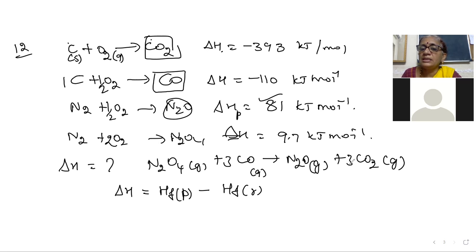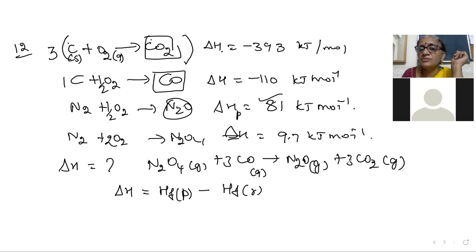But the problem here is that in this equation, 3 moles of carbon dioxide are formed, but the enthalpy change we have is only for 1 mole. So what should you do? This is the enthalpy change accompanying formation of 1 mole of carbon dioxide, in kilojoules per mole. For 1 mole of carbon dioxide formation, this much energy is released.